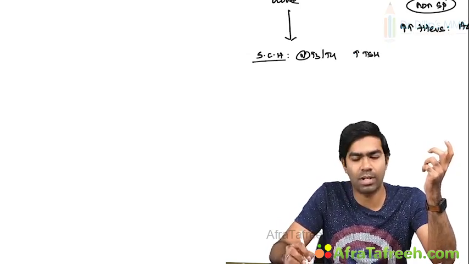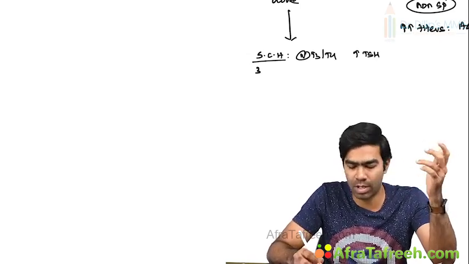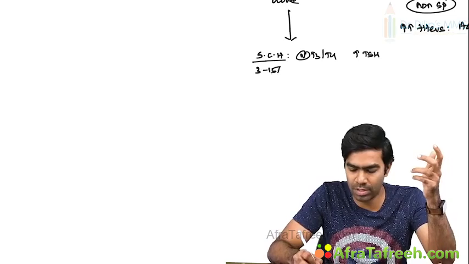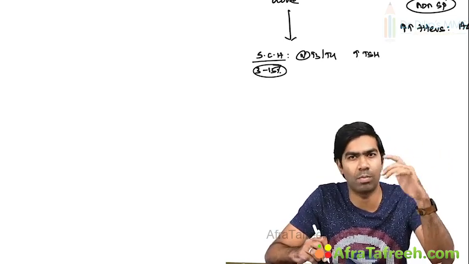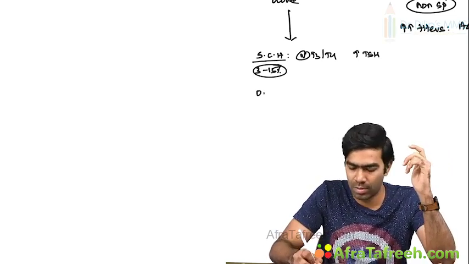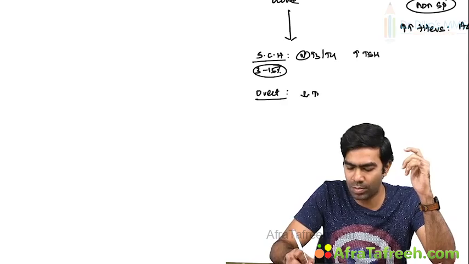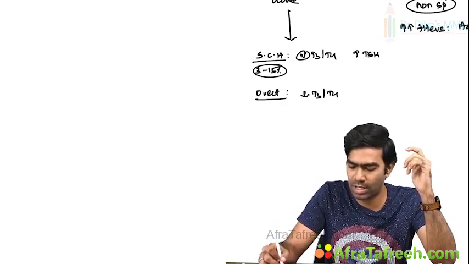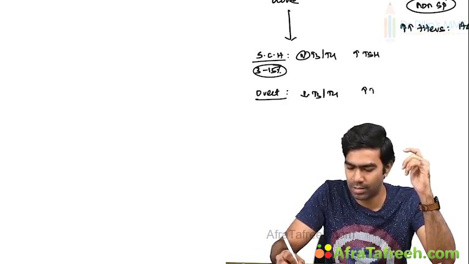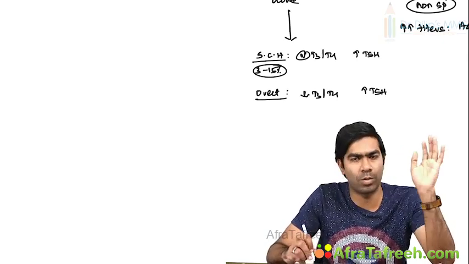The prevalence of subclinical hypothyroidism is actually quite common compared to overt hypothyroidism. It is 3 to 15% in the community. In different populations, it will differ. Similarly, in overt hypothyroidism, your T3 and T4 will be low for sure, whereas the TSH will be high again. So this is overt hypothyroidism.